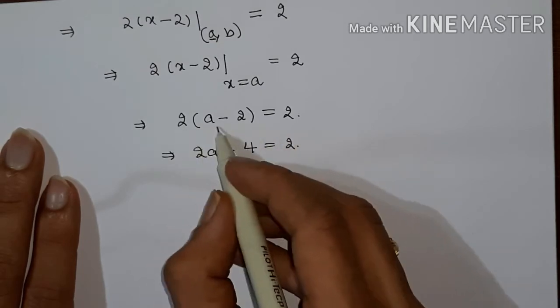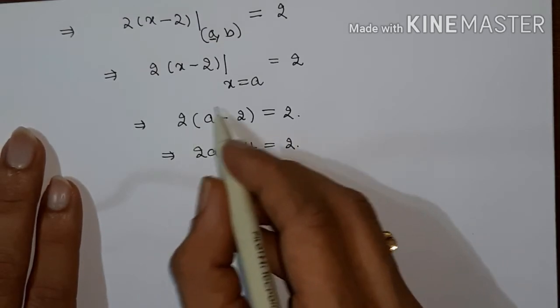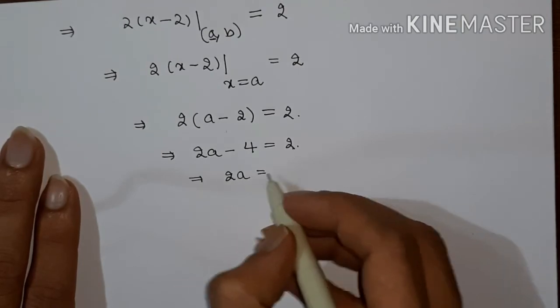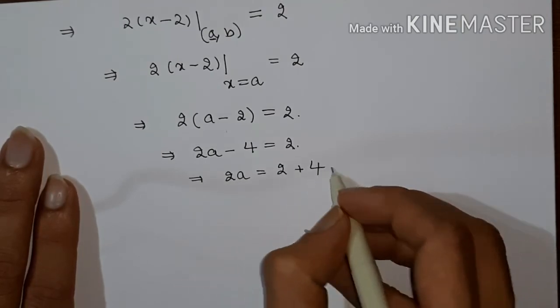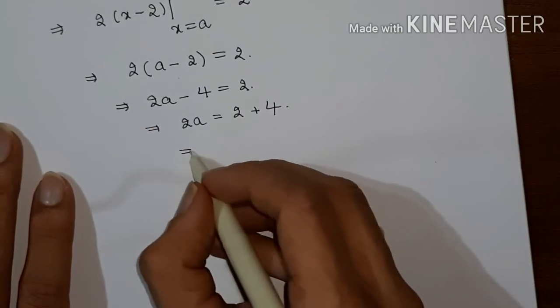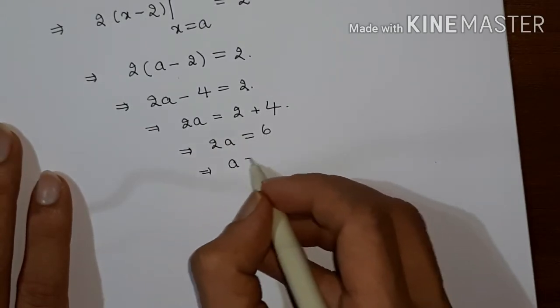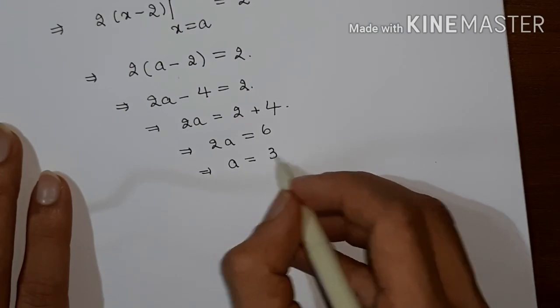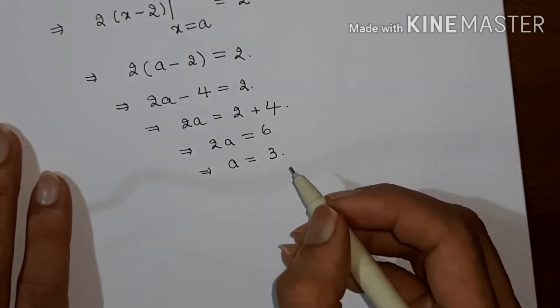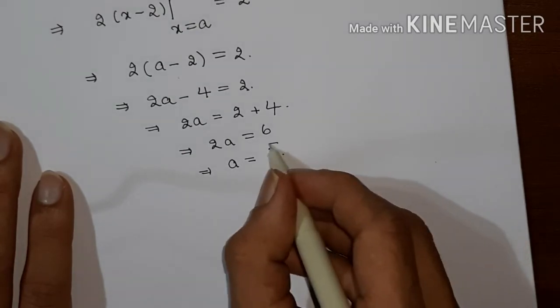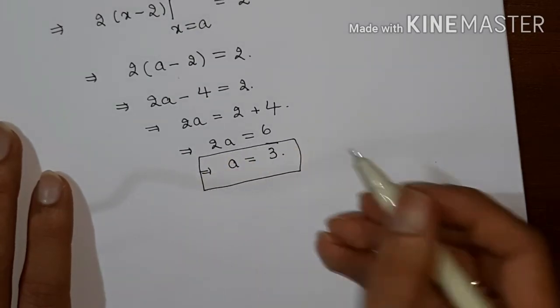If you multiply 2 into the bracket, 2a minus 4 equal to 2. So what you'll get is 2a equal to 2 plus 4, so 2a is equal to 6. That means a is equal to 3, 6 divided by 2. So you got the value of a here.